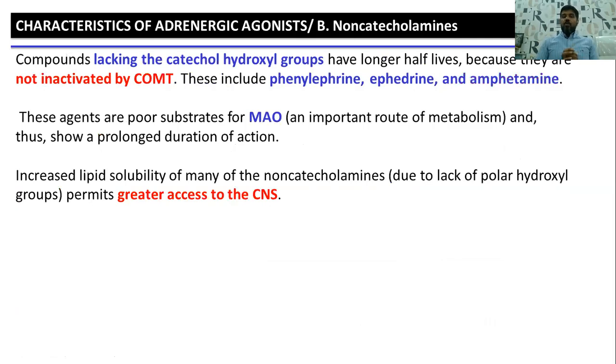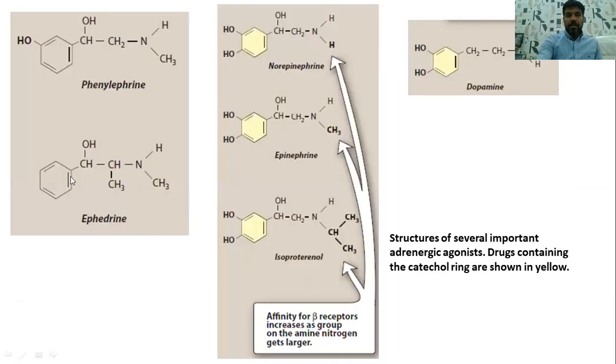So these are catecholamines. We have another kind of medications which are non-catecholamines. The main difference between catecholamine and non-catecholamine is in terms of chemical composition, in addition to the pharmacological activity. These medications lack the catechol hydroxyl group. You can see these non-catecholamines lack the hydroxyl group on the benzyl ring.